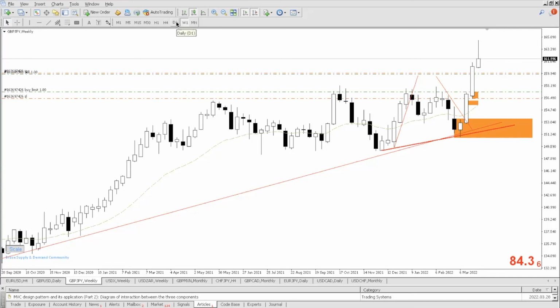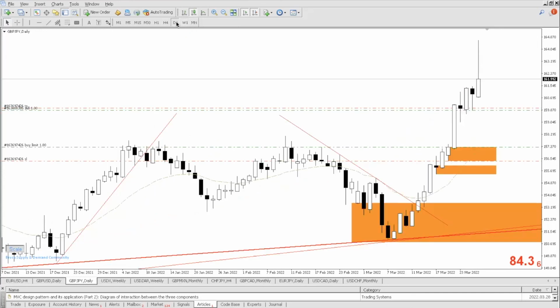And what about on the daily? Okay, now on the daily, which area is strong on the daily? Here, this area here is the one that is actually strong. Okay.